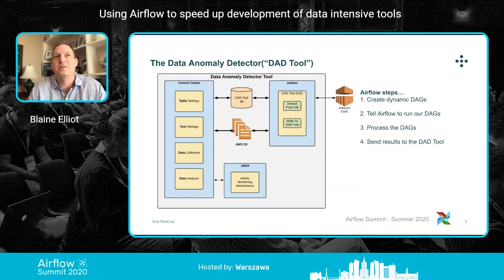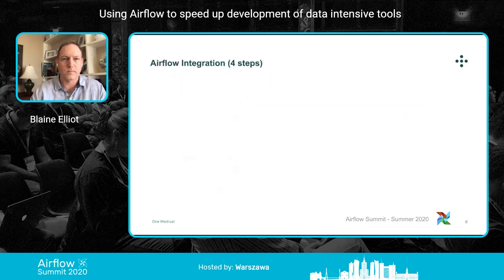XCOM has limitations about the size of data that you can push into it. It's also another abstraction layer that I wanted to avoid. So in this case, I try to simplify that by using a medium between the data tool and Airflow itself, and that's S3. And then the next slide, I'll go over specifically what that looks like. So the Airflow integration, it happens in 4 different steps.